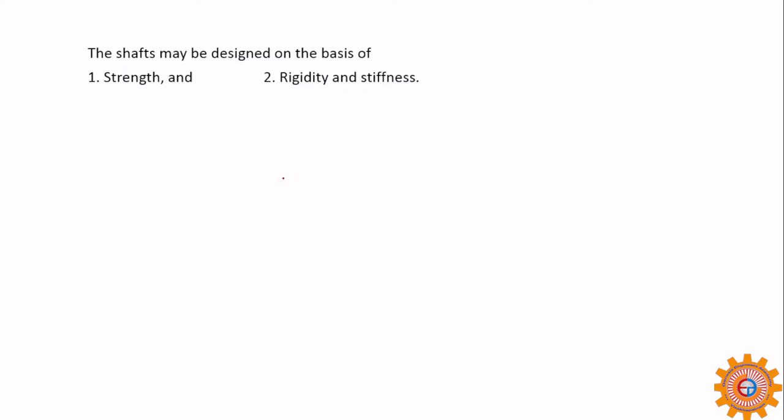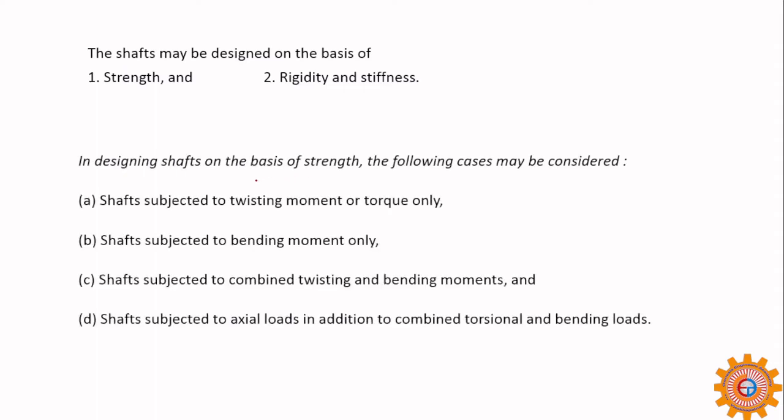Next, in designing shafts on the basis of strength, there are shafts subjected to twisting moment or torque only, shafts subjected to bending moment only, and shafts subjected to combined twisting and bending moment. I am not going to use the axial load part, but there are these chances. In the first case we consider only twisting moment, in the next only bending moment, and in the last both cases.